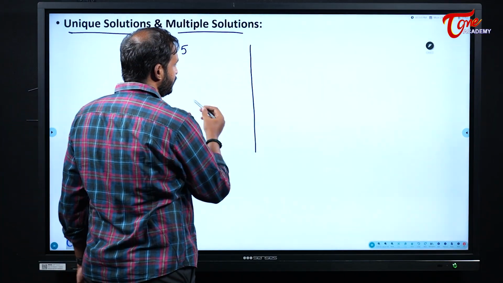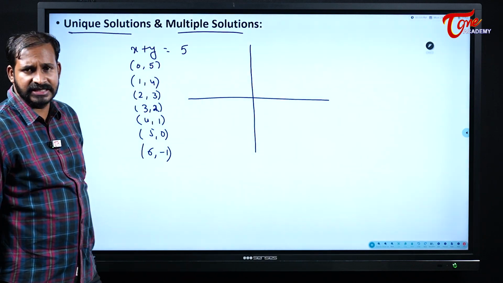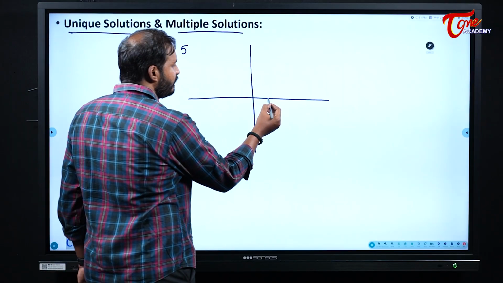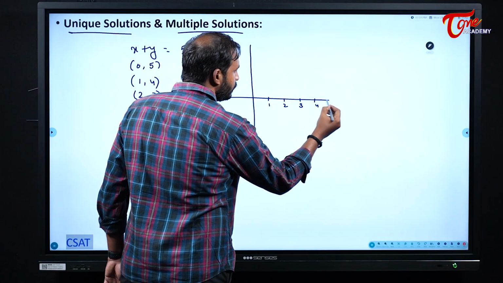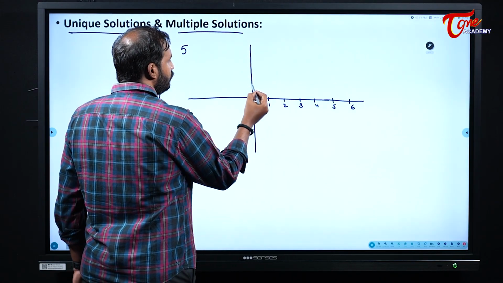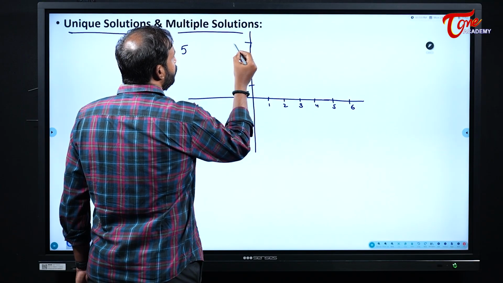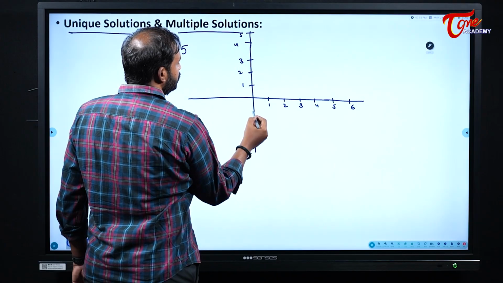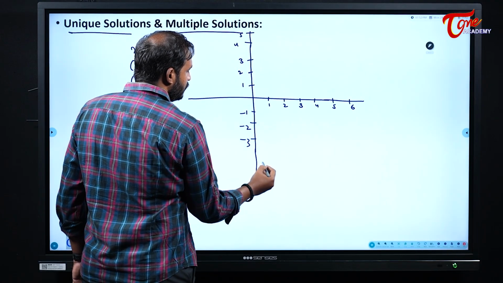So why do we say it will have infinite solutions? If I take it on the x-axis and y-axis, what will happen here? 1, 2, 3, 4, 5, 6, randomly we will take 1, 2, 3, 4, 5, similarly minus 1, minus 2, minus 3, minus 4.